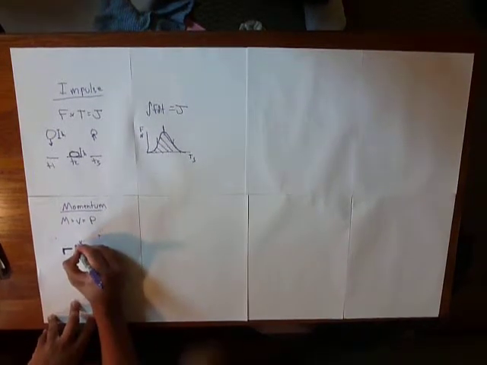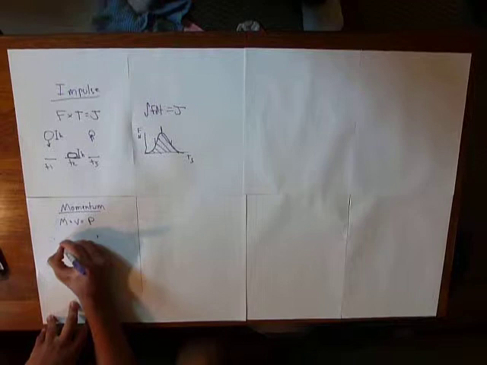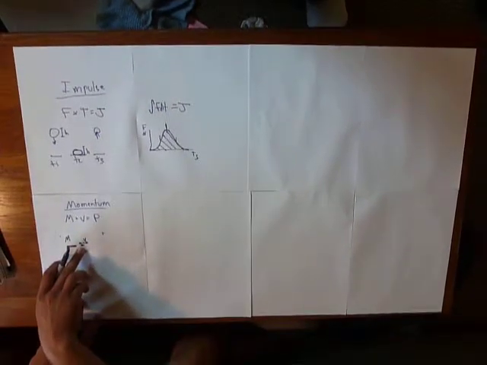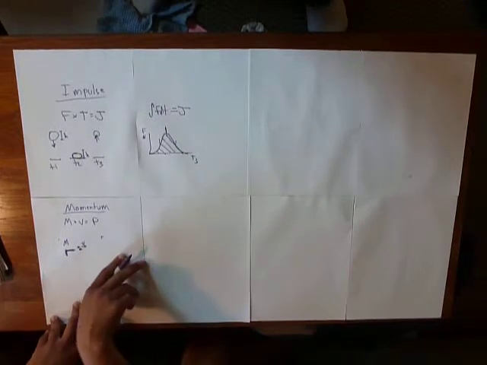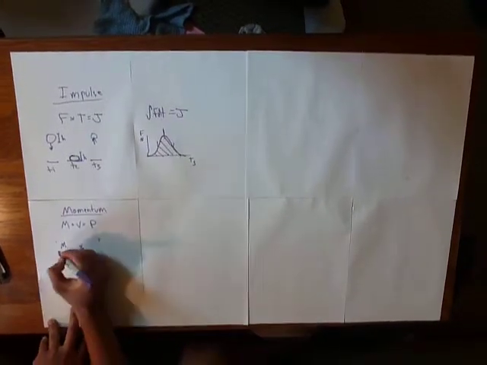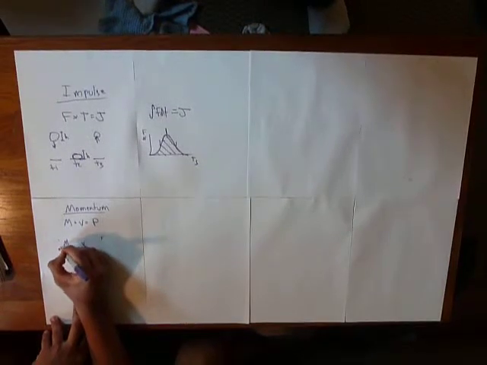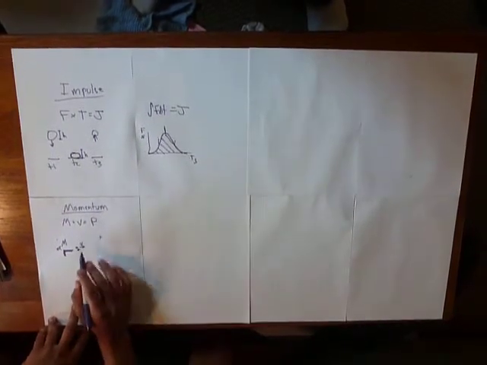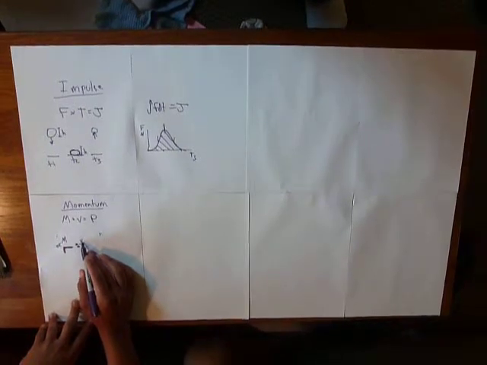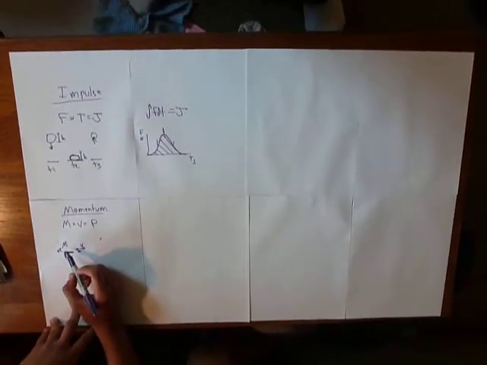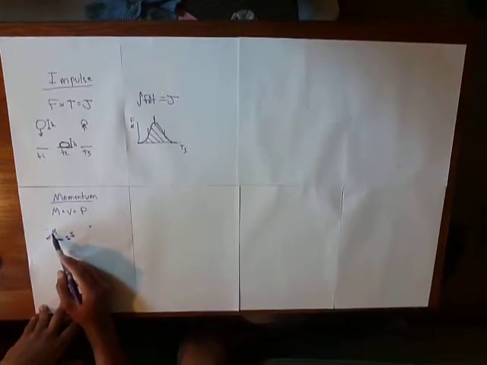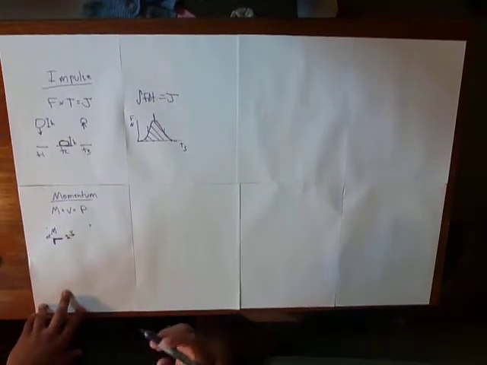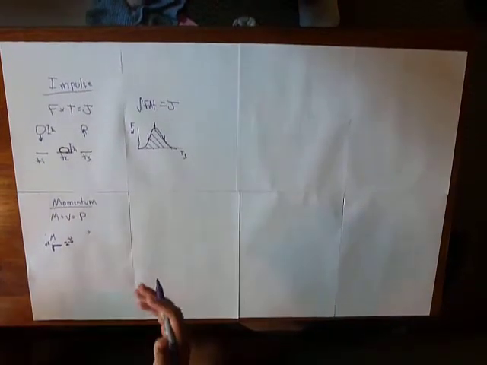And once the bullet is shot with its small mass, m lowercase, and the mass of the gun, M uppercase, the bullet would be going with a high velocity in the positive direction, and the gun with the recoil would be going at a slower velocity in this direction. So the positive momentum of the bullet and its high velocity have to be equal to the negative momentum of the gun and its bigger mass but smaller velocity, which would equal zero, just as they were when the bullet had not been fired yet.